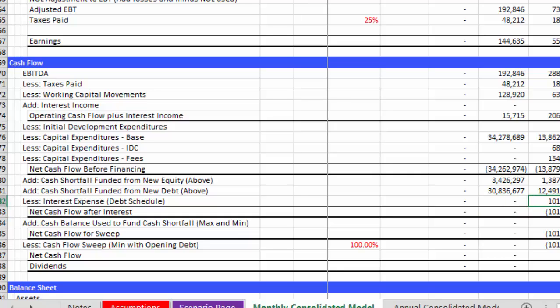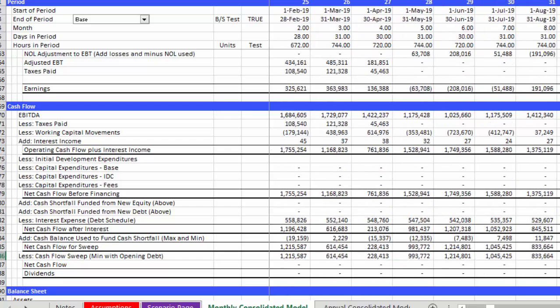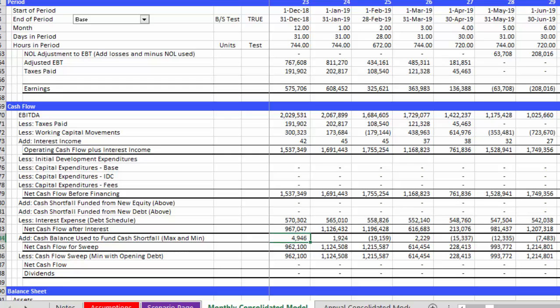The interest, in this case, look, we have, I can say we this time. There's a negative cash flow, and it makes a negative cash sweep. This is net cash flow for the sweep.